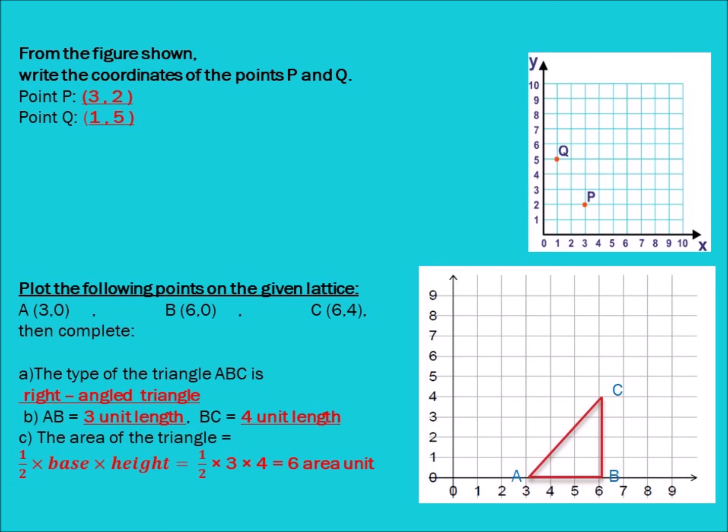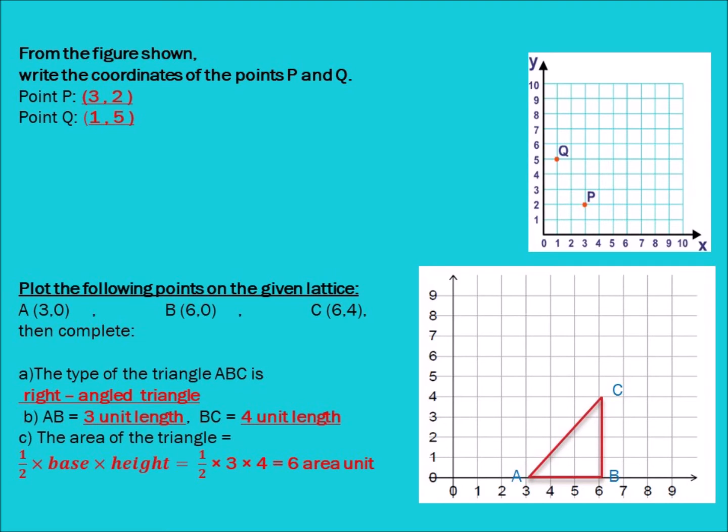You have to start from point 0, as we said before. For the x component, you will move on the x-axis 3 units forward or 3 steps, and upward for 2 steps or 2 units. Then stop and plot the point P. Then you have point Q. How can you record it? By the same way.